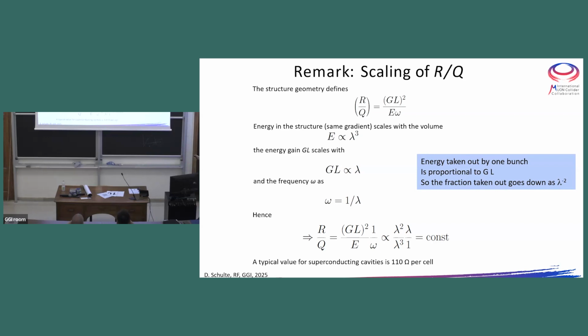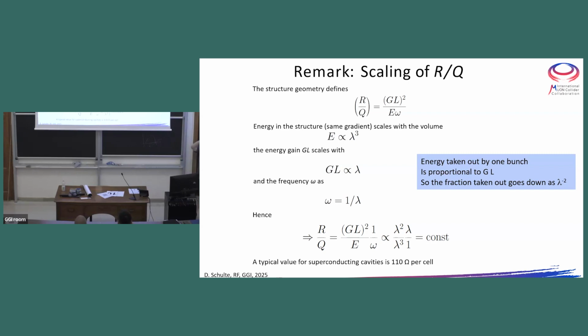Now the energy in the structure, if you keep the geometry the same and just blow it up, keeping the voltage the same, goes with the volume. Trivially, with a third power. So the energy is proportional to the volume. The energy gain of the particle is proportional to the length. And the frequency goes as 1 over lambda. Now you put all of that together and you find that the R over Q is actually a constant.